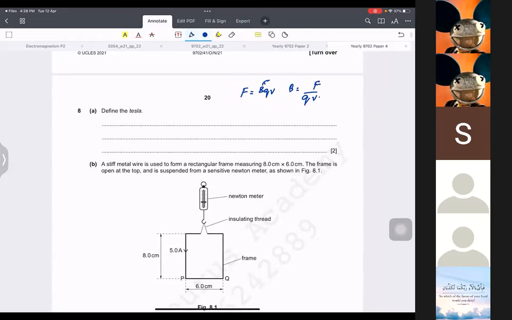So I'd say force is Newton per coulomb per meters per second.